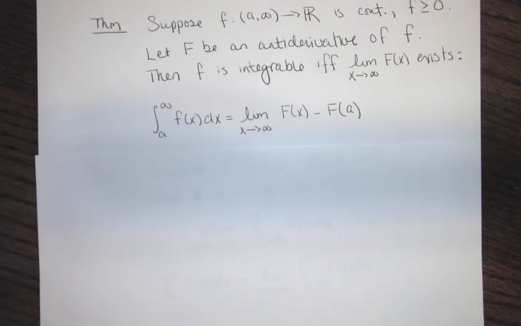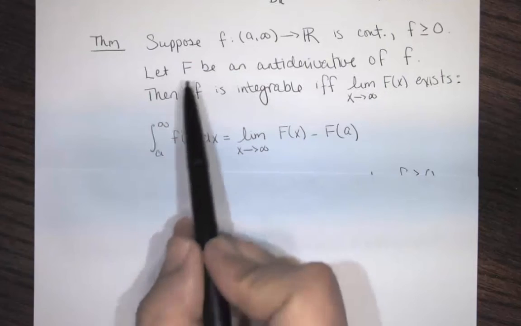So the following theorems simplify our definitions of integration for unbounded domains or unbounded functions when we have continuity. So suppose f maps the interval a to forever to the set of real numbers, f is continuous, and f is non-negative.